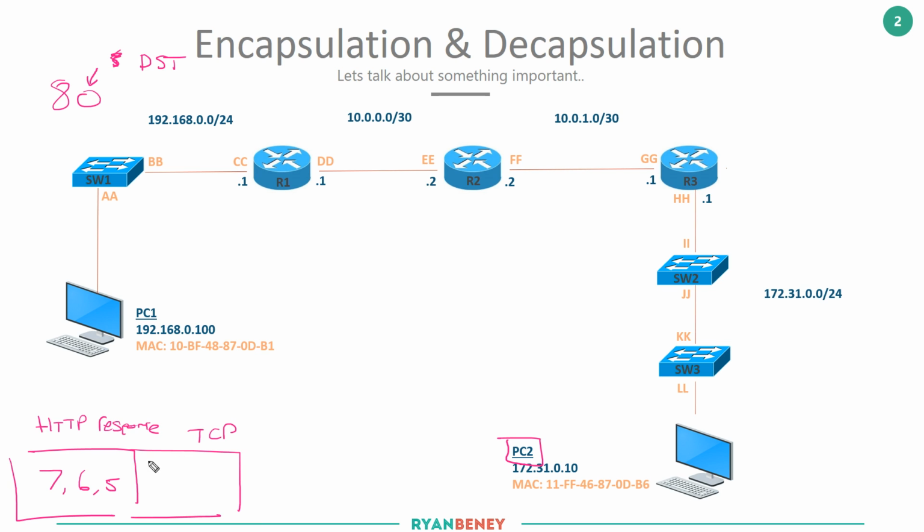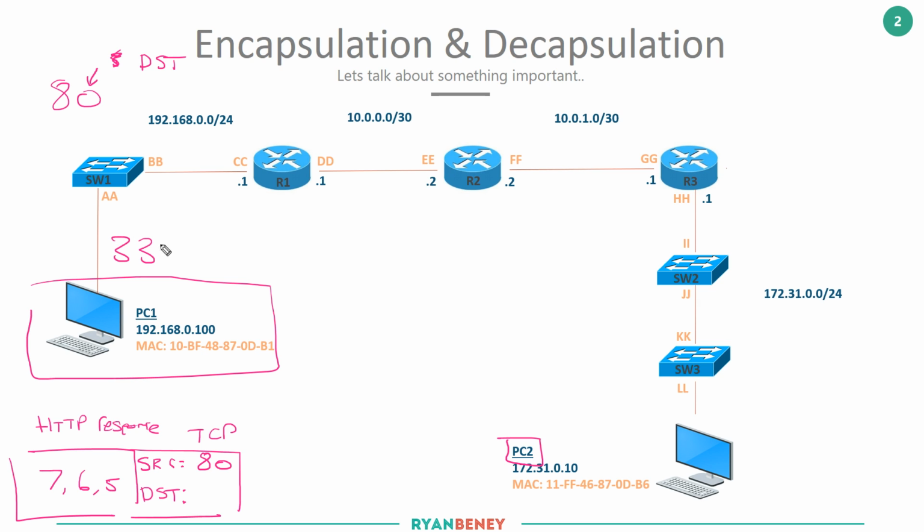So in this case, what will happen though is because it's the return traffic, the source and destination ports will be flipped. So in this case, the source will actually be 80 and the destination port will be whatever ephemeral port PC1 generated on the initial request.